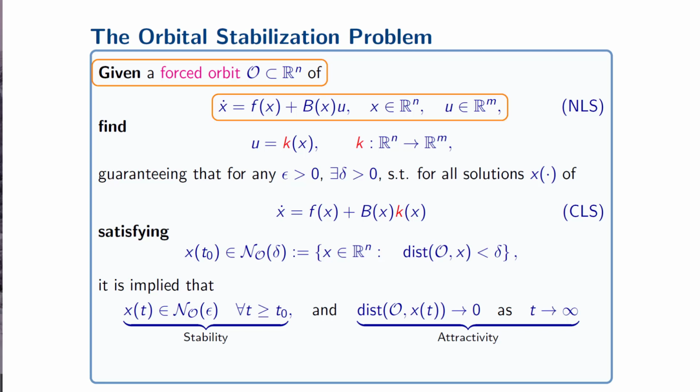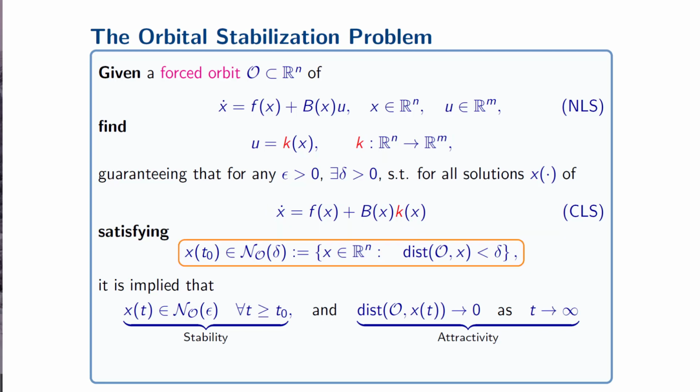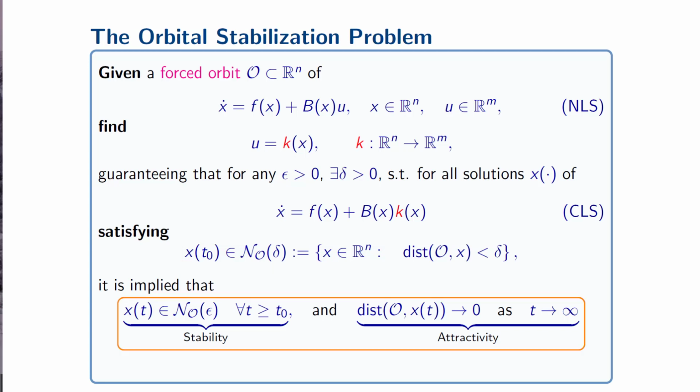If we're given a forced orbit of now a controlled nonlinear system, now by forced I essentially just mean that this orbit might only exist in the presence of some nominal control input, then the task is to find some completely time-invariant control law given by some mapping K, such that the corresponding closed-loop system, here abbreviated CLS, is such that any solution of this system which starts within some delta neighborhood of this orbit will remain within some epsilon neighborhood, and for any epsilon you can find delta, and the distance between the solution and the orbit decays to 0 as time tends to infinity.